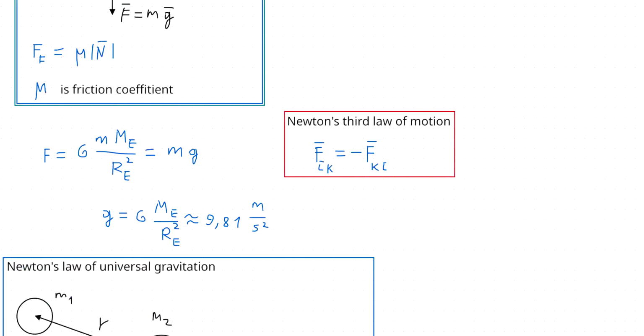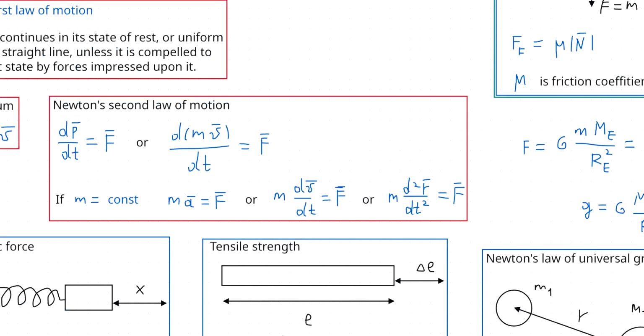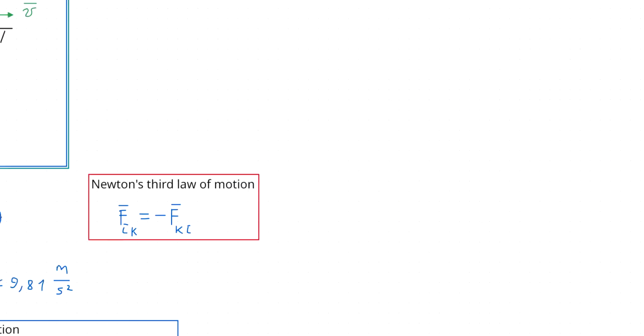According to the second law of motion, the change in momentum, the derivative of the momentum of the whole material system, is equal to the sum of all external forces.